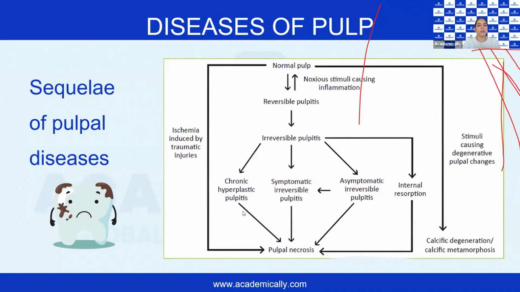Symptomatic irreversible pulpitis is the painful variant, where the inflammatory mediators are producing symptoms in the patient. There could also be a battle going on inside which is asymptomatic irreversible pulpitis, which is not giving pain.